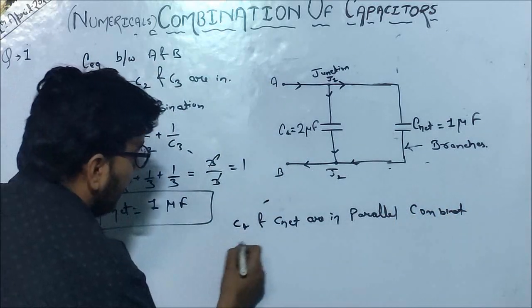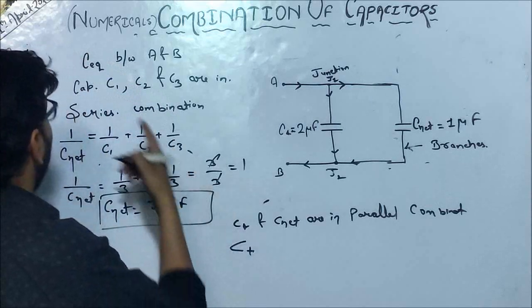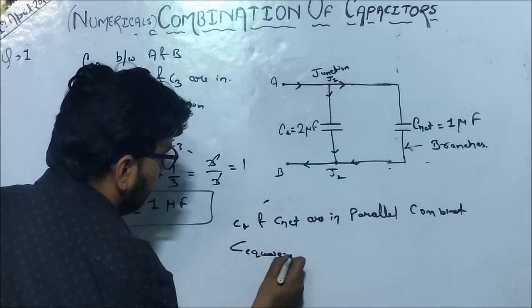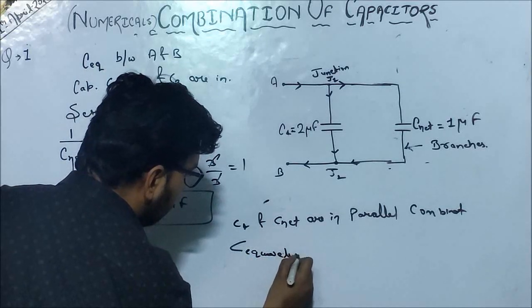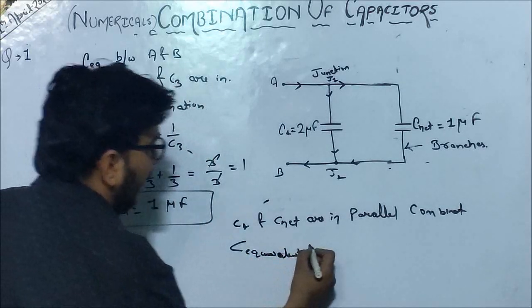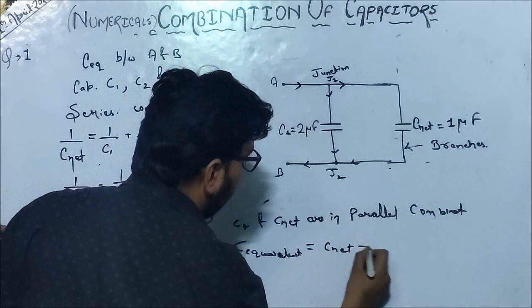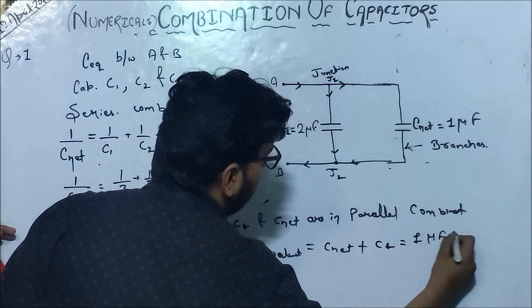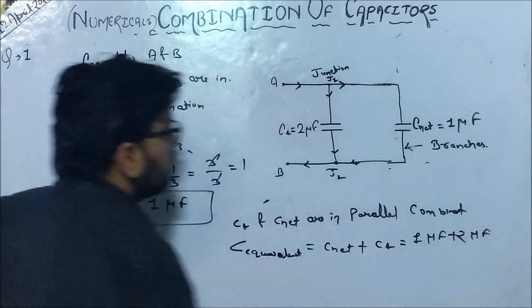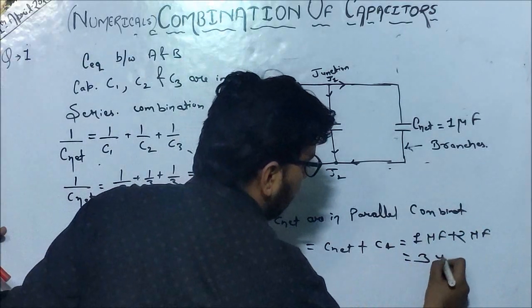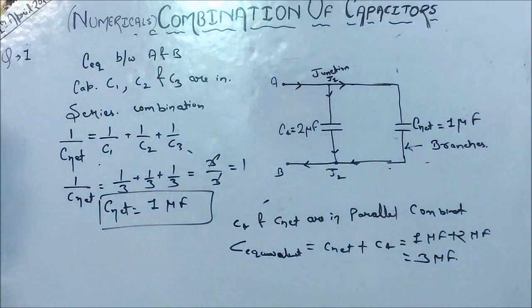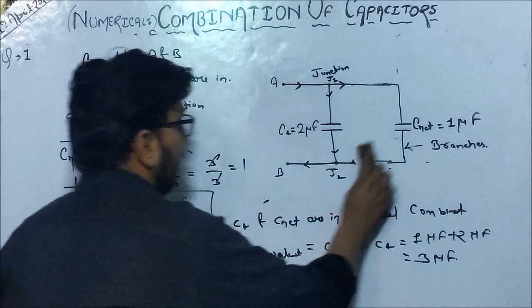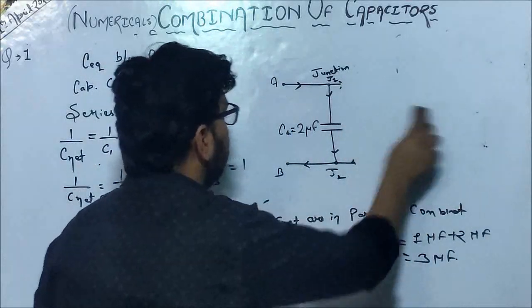That means C total, C equivalent, you are going to calculate, is equal to C net plus C4, which is 1 microfarad plus 2 microfarad. That means it has a value of 3 microfarad. So the net capacitance of this circuit is 3 microfarad.